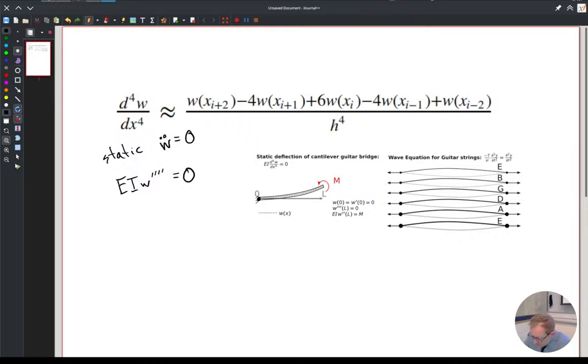Each one of these positions is W0, W1, W2, W3, W4, W5, and W6.